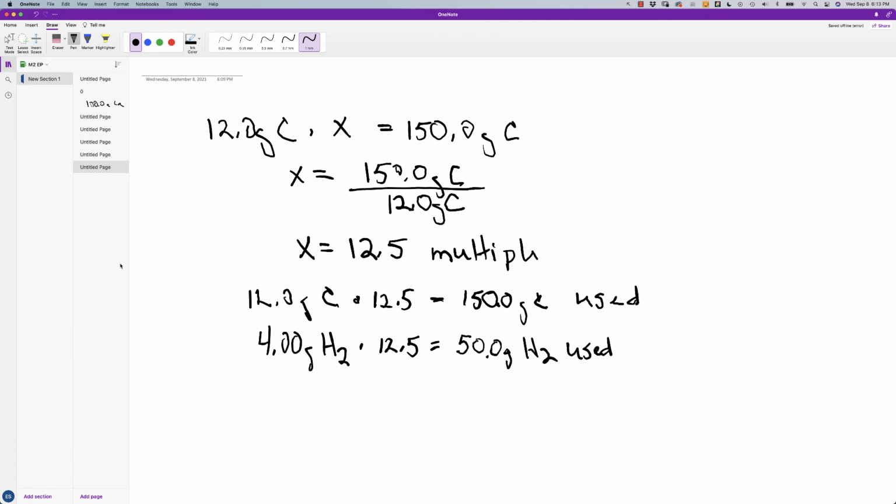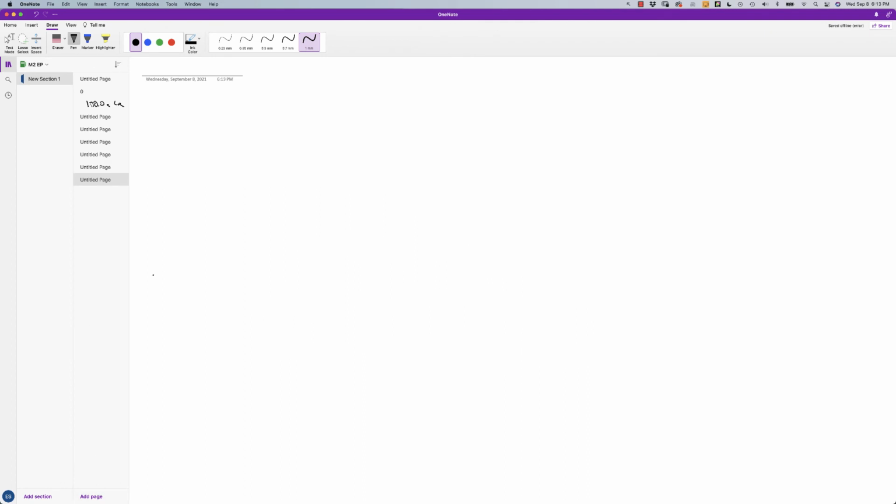So let's get a new page here, and we will take a look at this. Let's write down what we have. Okay, we know that we have 54.0 grams of aluminum. We also know that we have 100.0 grams of sulfur.